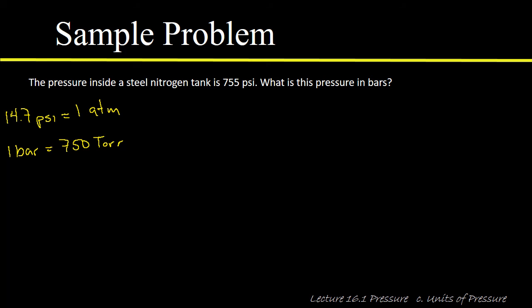So the last thing we need, I hope you will recall, is that 1 atmosphere is 760 torr. And this will allow us to go from psi to atmospheres, from atmospheres to torr, and then from torr to bar. Okay, so let's write this out. We'll put in all of these conversion factors.